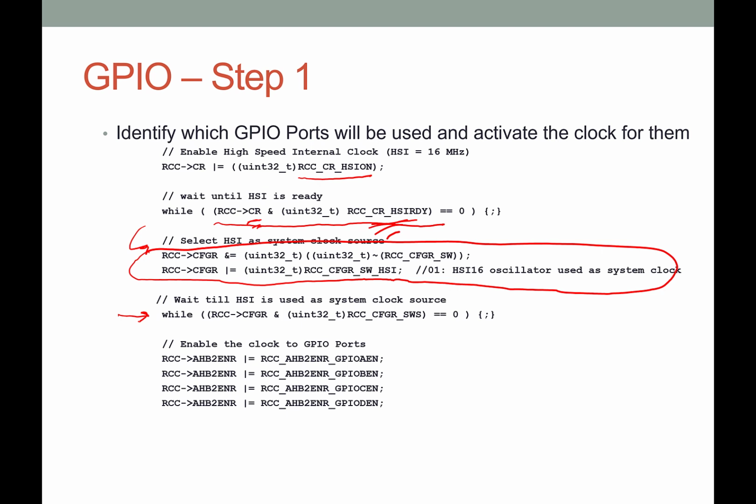Okay, so the main thing that's going on here is now, in addition to just setting up the high-speed internal clock and then using that as the system clock, we have to configure the GPIO ports.